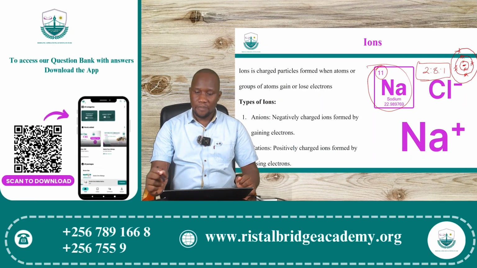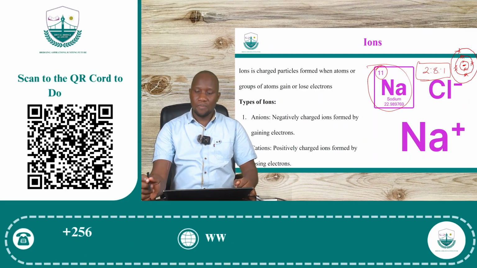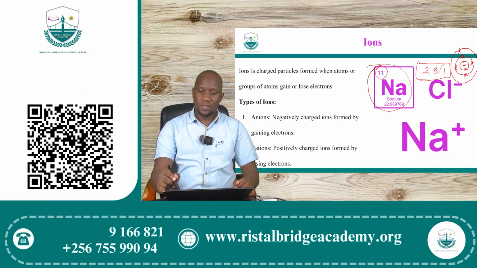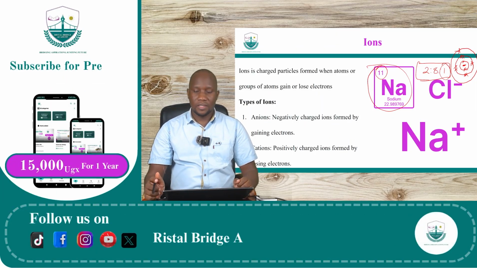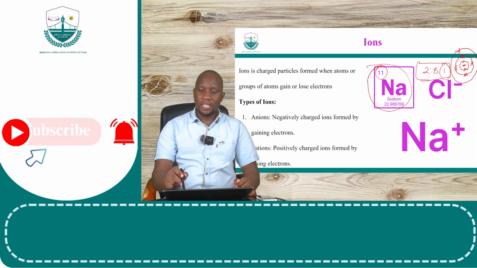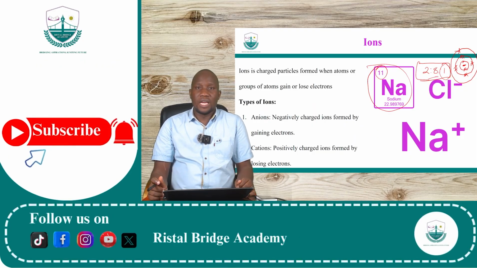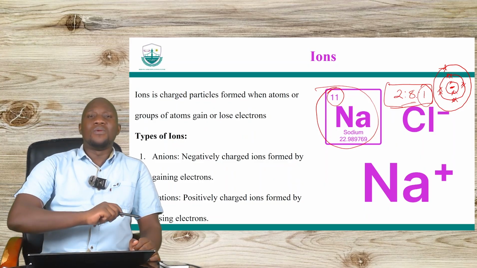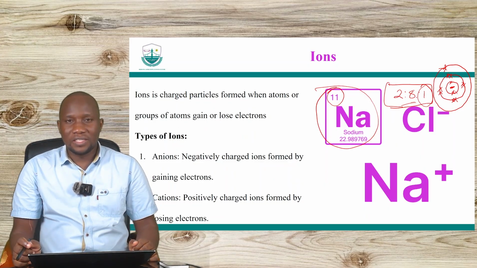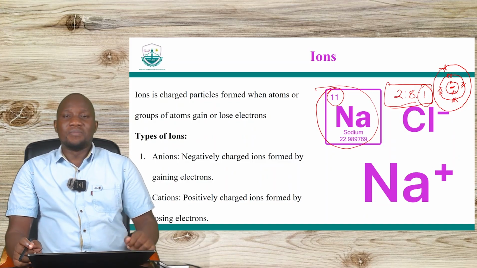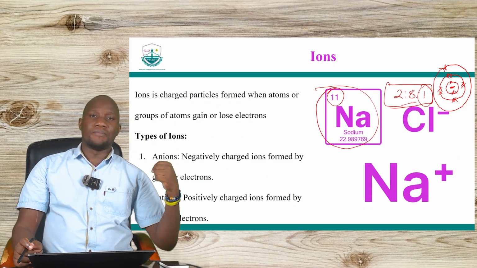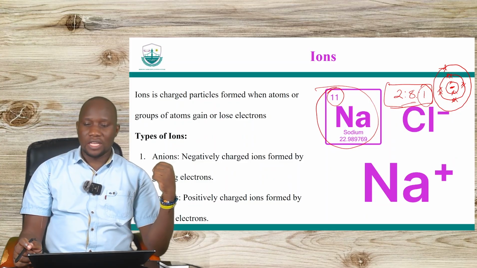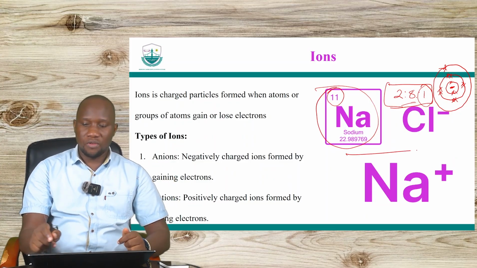So sodium, for it to be stable, it has to lose this electron, such that it gains the stable configuration. So when sodium loses an electron, which is negatively charged, it leaves behind a positive charge. And that's why when you write sodium, you write it like this.